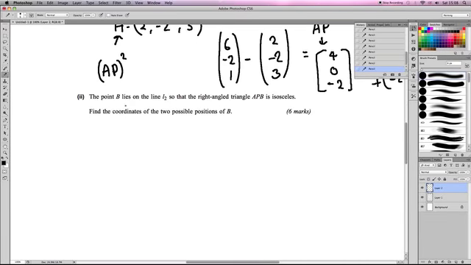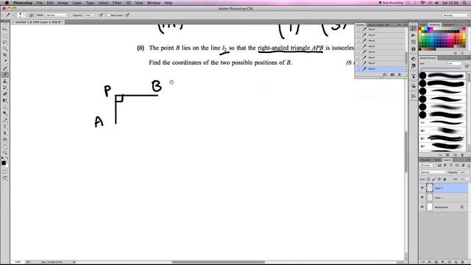Next question is, the point B lies on line 2, such that the right angled triangle APB, there's a right angle at P, is an isosceles triangle. Find the coordinates of the two possible positions of B. Alright, it's a 6 marker, so it is pretty complicated.